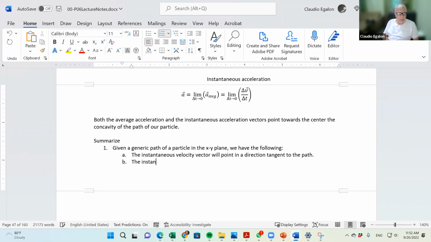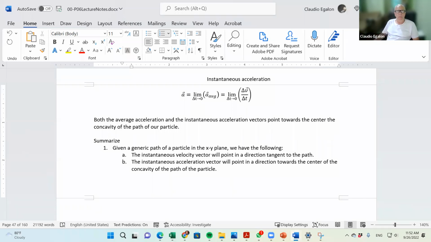B, the instantaneous acceleration vector will point in a direction towards the center of the concavity of the path of the particle. Okay, that's what you have to know.